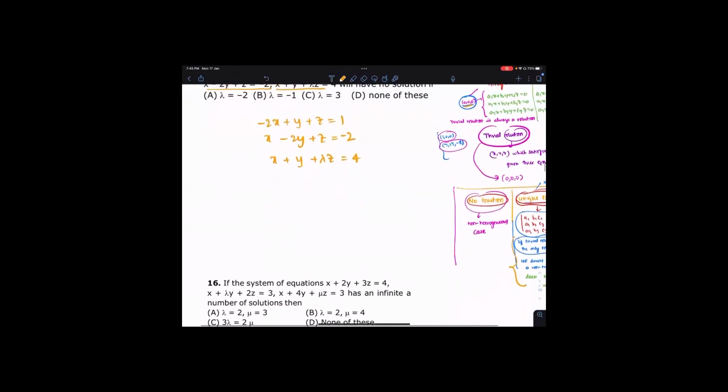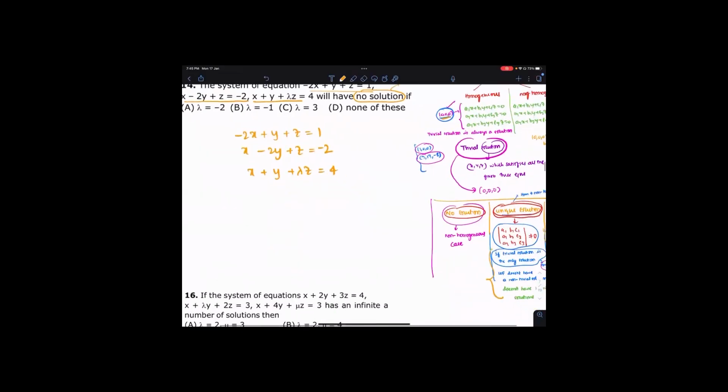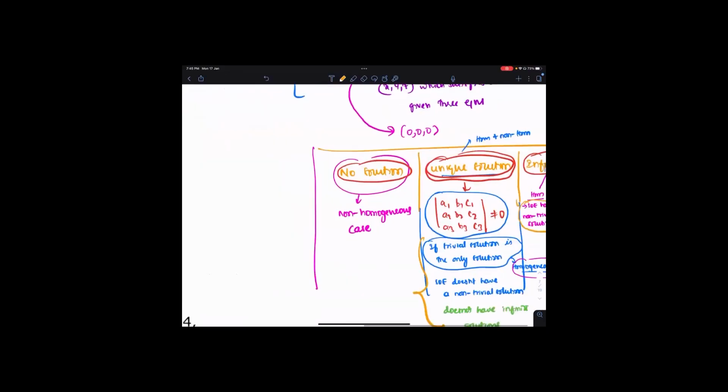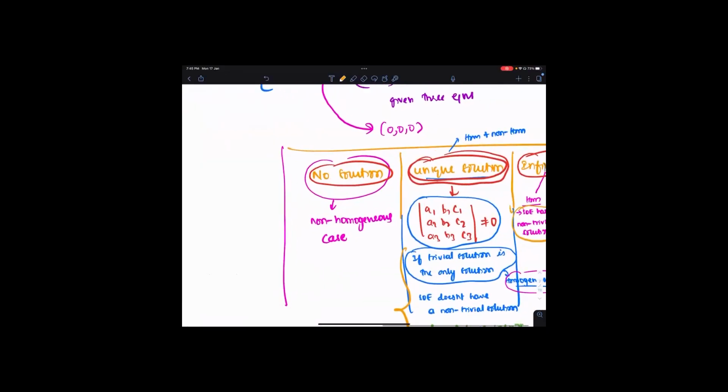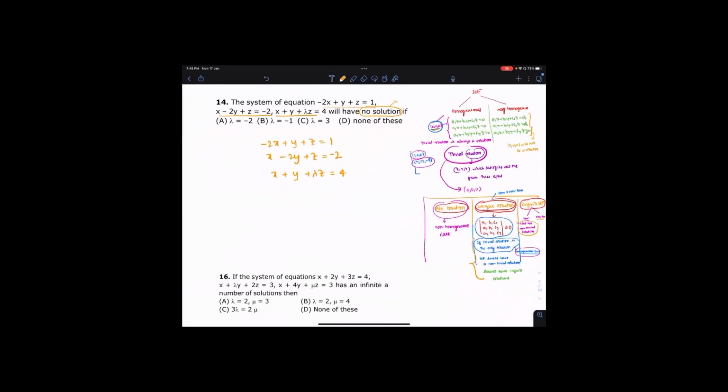No solution means it doesn't fall into the unique solution category. If it is unique solution, the determinant is not 0. If it is either no solution or infinite solutions, put det equal to 0. That's all. What is det? Minus 2, 1, 1, 1, minus 2, 1, 1, 1, lambda.